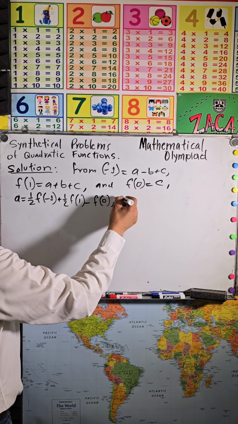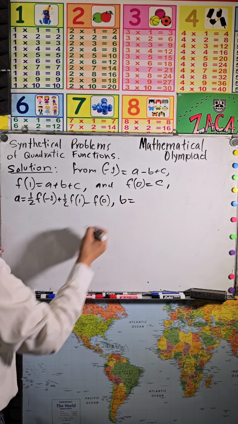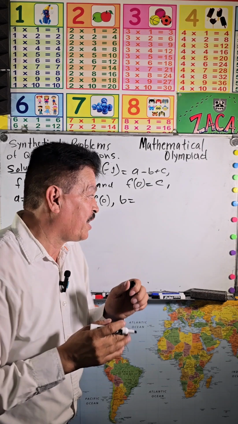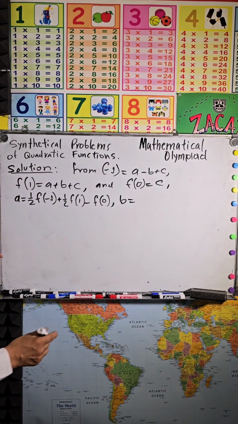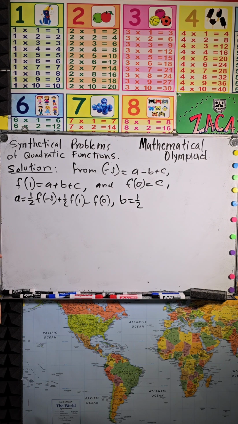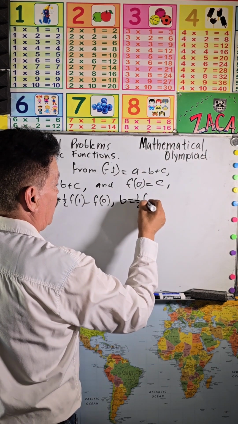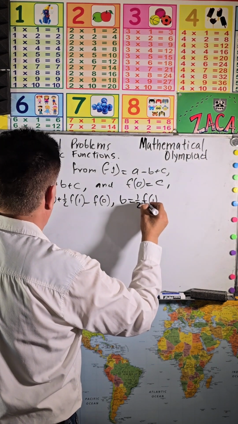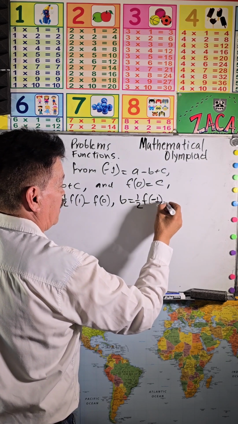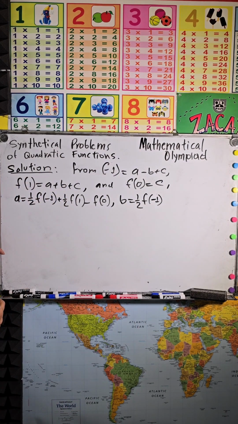Now b, look at this kind of problem, it's hard, we have to think deep, right? All right, b, let's write 1/2, same thing, f of 1, no, negative 1, right?